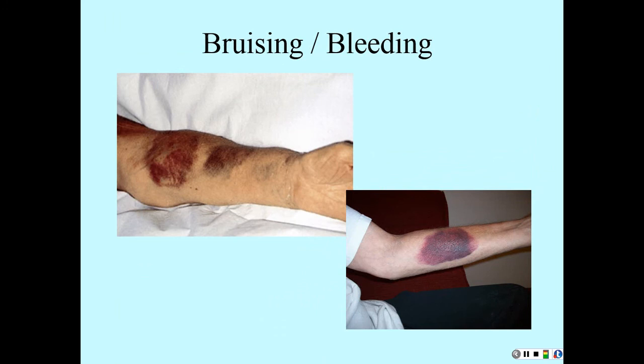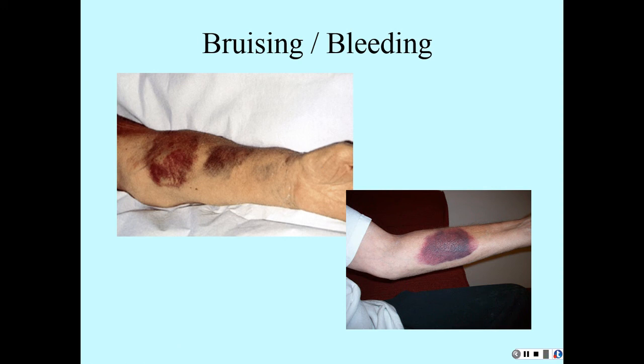Your patient may have bruising or bleeding, hematoma formation, especially if your patient's on blood thinners. So we can get things like this from unsuccessful attempts, not holding enough pressure, or more not holding pressure long enough once you've been unsuccessful or once you've taken an IV out.